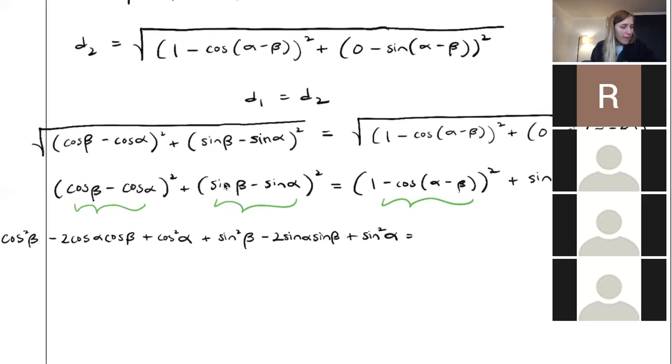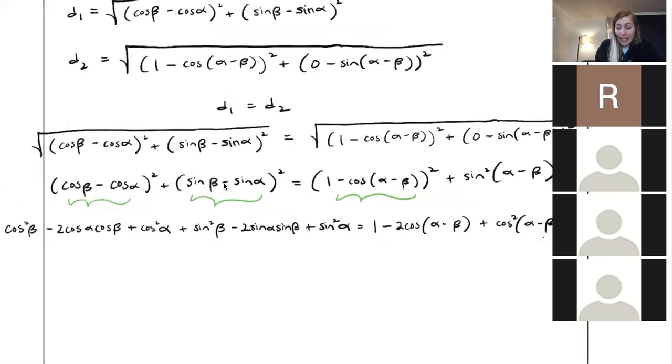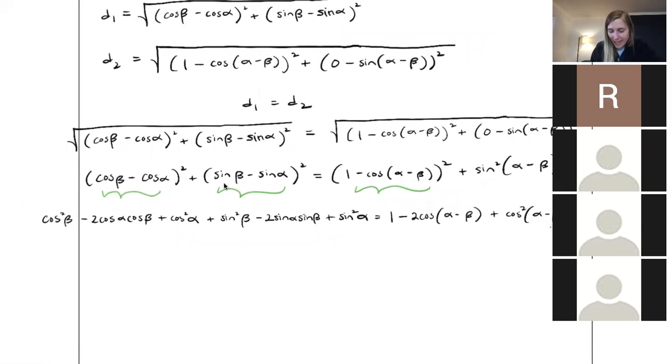Whew, that's the left side. Okay, right-hand side, multiplying 1 minus cosine of alpha minus beta out. That's going to be 1 minus 2 cosine of alpha minus beta plus cosine squared of alpha minus beta. And then we still have the plus sine squared of alpha minus beta. That looks real complicated, doesn't it?